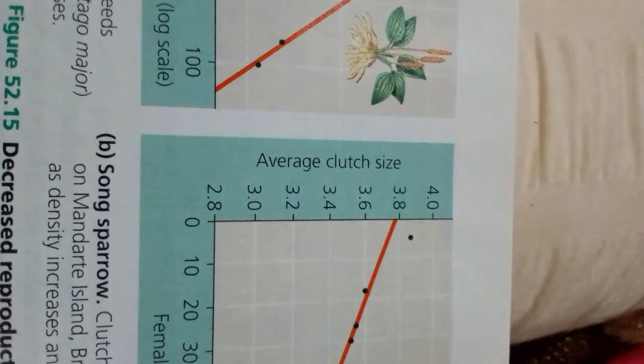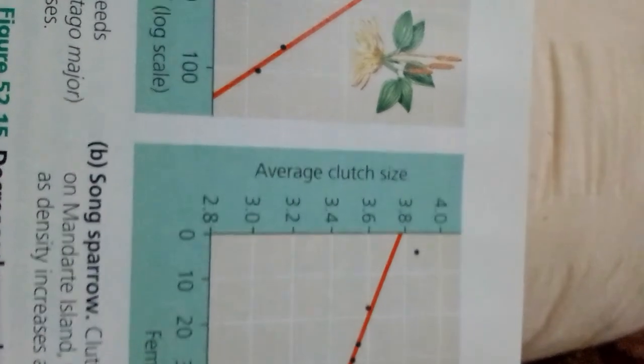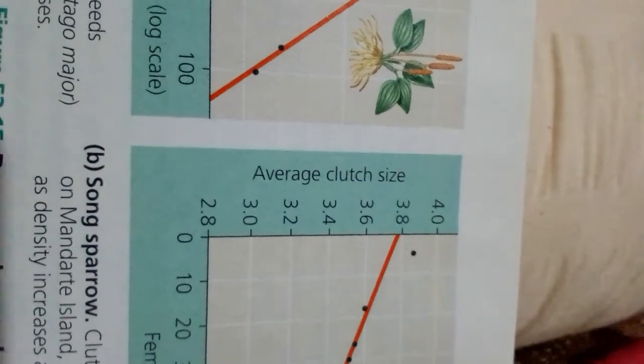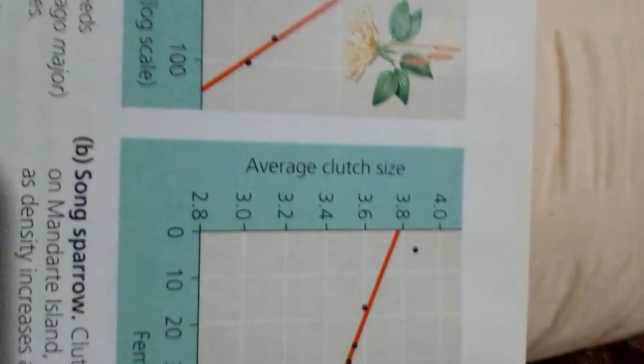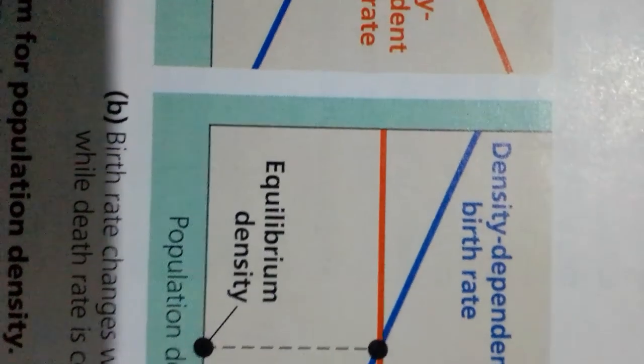Notice this figure shows models of how a population may stop increasing and reach equilibrium due to various combinations of density dependent and density independent regulation. Notice first, in A, both birth rate and death rate change with population density.